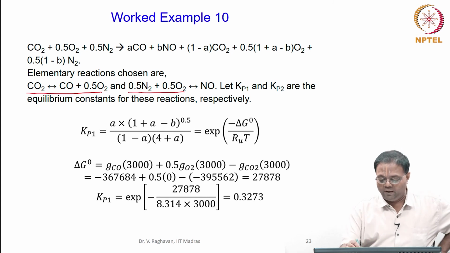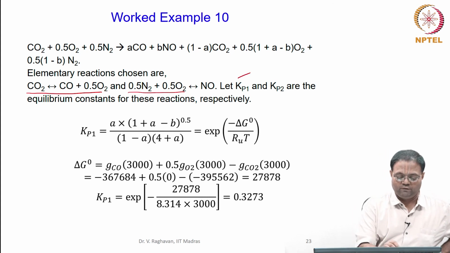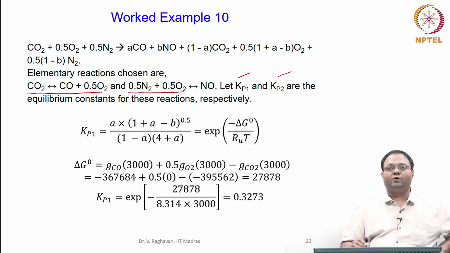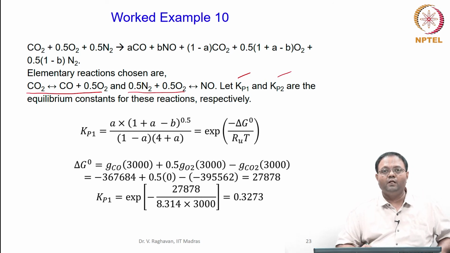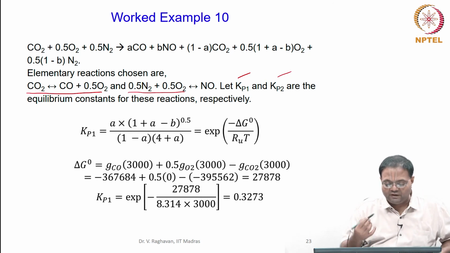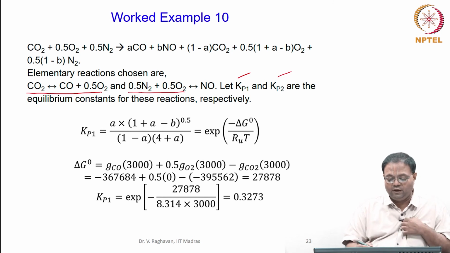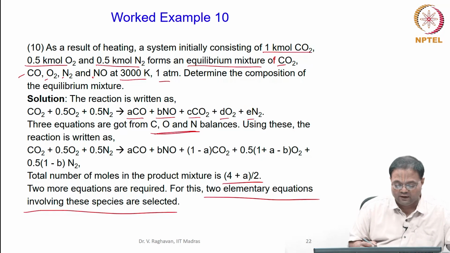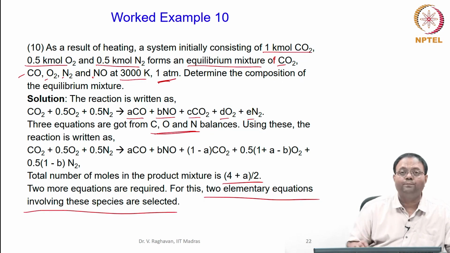And let Kp1 be the equilibrium constant for the first equation and Kp2 be the equilibrium constant for the second equation, correct. Now, based on the definition, in terms of number of moles and total number of moles, mole fractions, please understand that this is occurring at 1 atmosphere pressure only, but temperature is 3000 Kelvin.